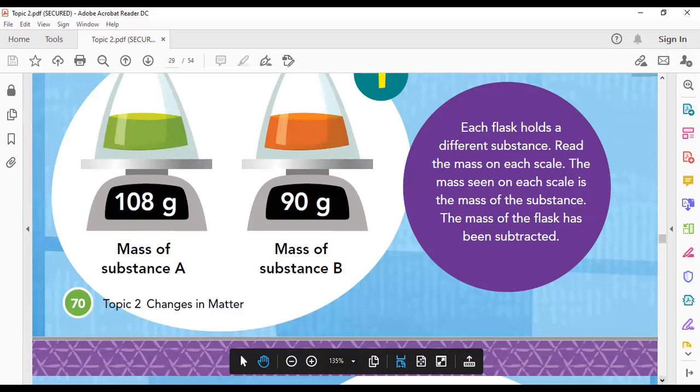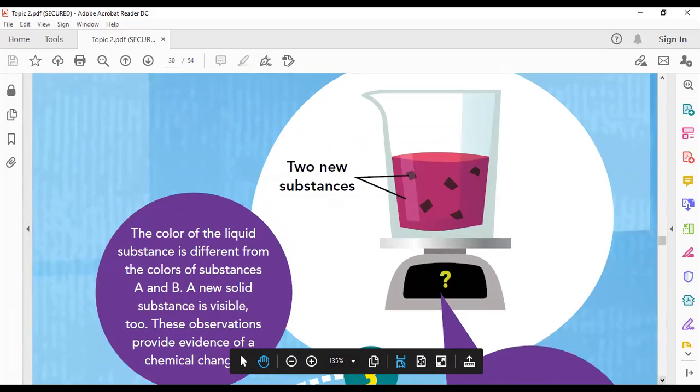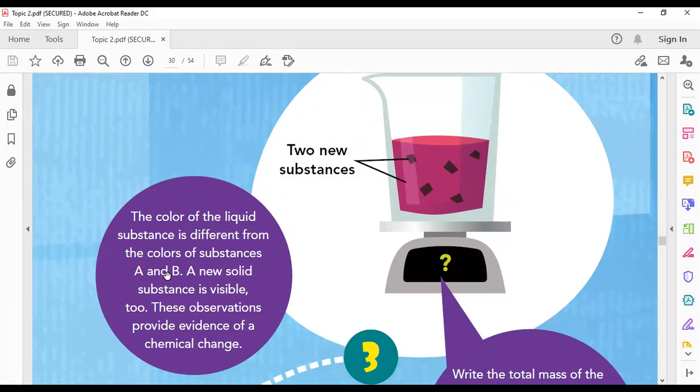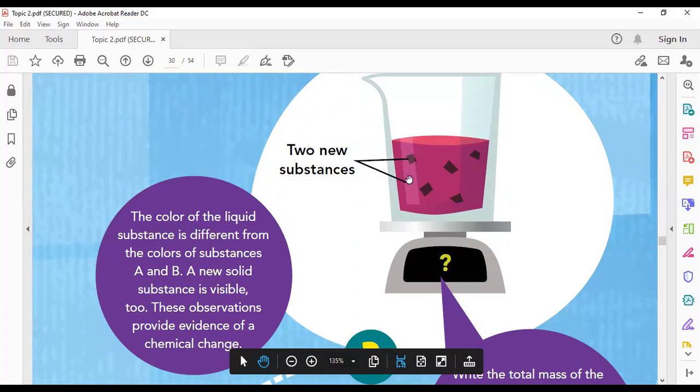When a chemical change happens, we have new substances with different colors. A new solid substance is visible. Look here, this is a new substance. It is solid, it is visible. These observations provide evidence of a chemical change. So a chemical change happens.